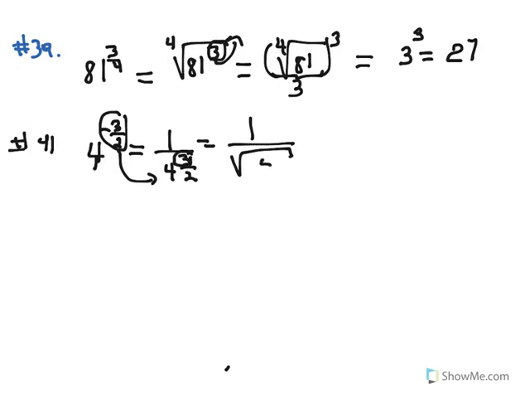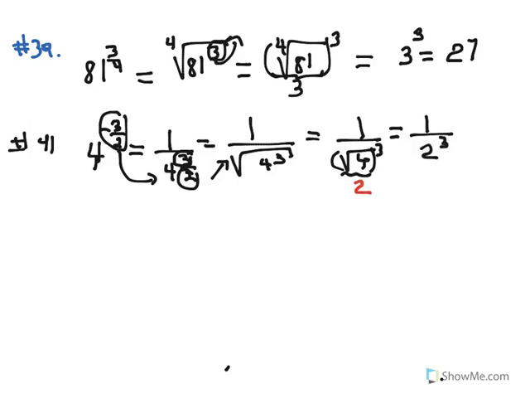This number is 4 to the third, and then I have a square root. This number right here goes in the index, or the root. Again, I'm going to do my trick. I'm going to get the 3 out, and then that will be the square root of 4. I know that number is 2. So the answer here is 2 to the third, and 2 to the third is 8. So that is the final answer for problem number 41.